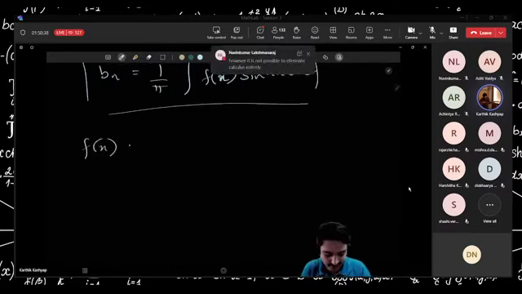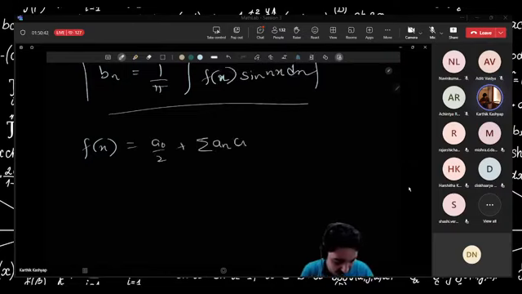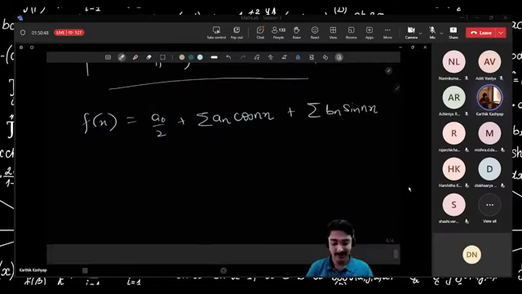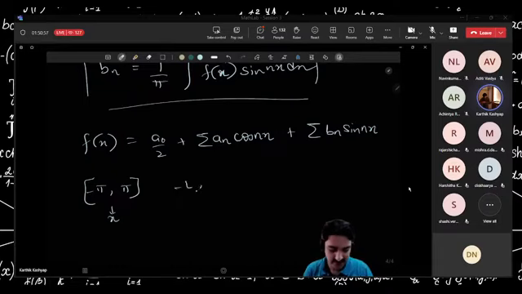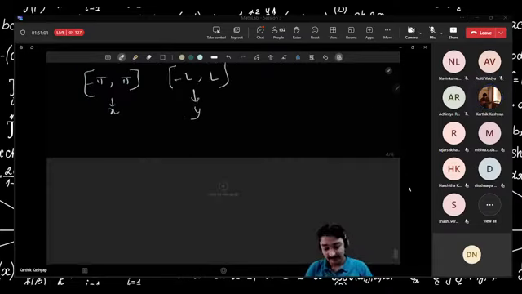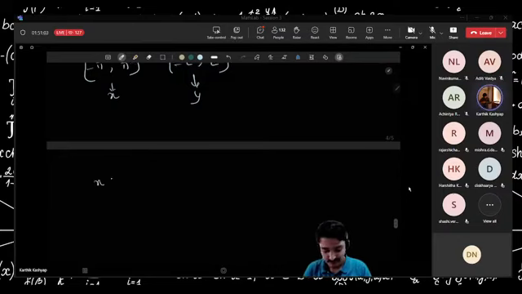So we take f of x is a0 by 2 plus sigma an cos nx plus sigma bn sin nx. We should be able to change this periodicity from minus pi to pi. Let's say x belongs to minus pi to pi, and y belongs to minus L to L. So x by pi belongs to minus 1 to 1, right?